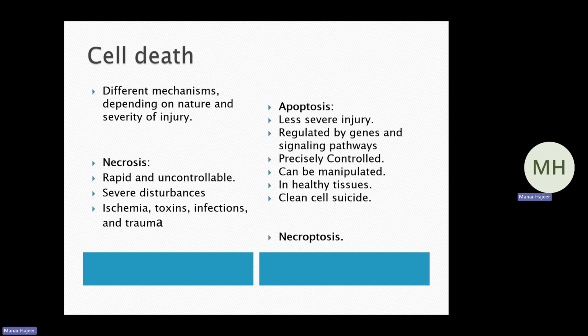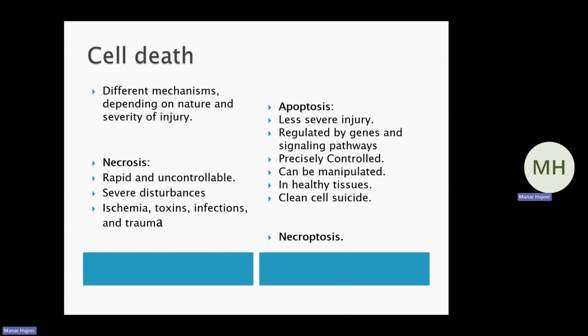we will end up with necrosis. The second pathway of cell death, which is called apoptosis, we call cell suicide. It is highly controlled, highly regulated by genes and signaling pathways, usually associated with less severe forms of injury.